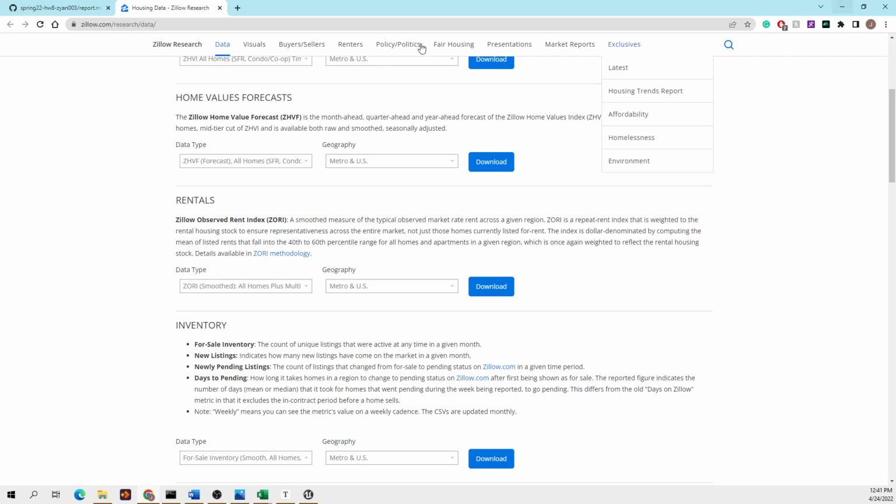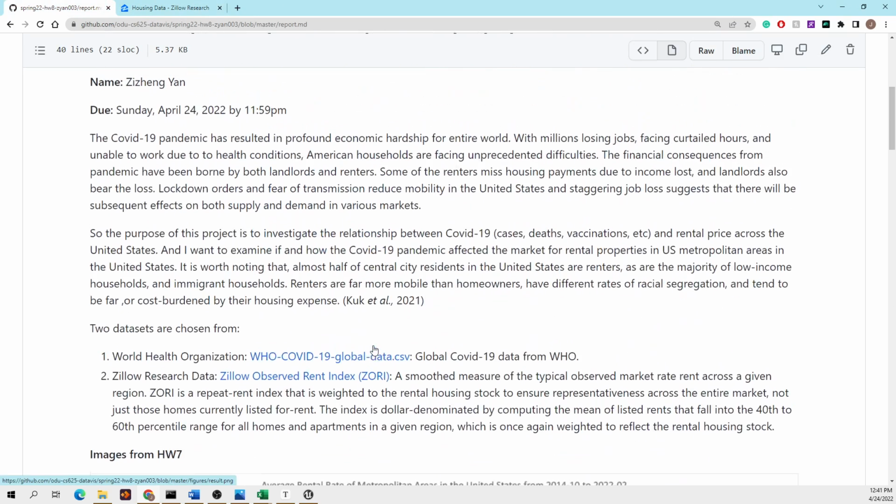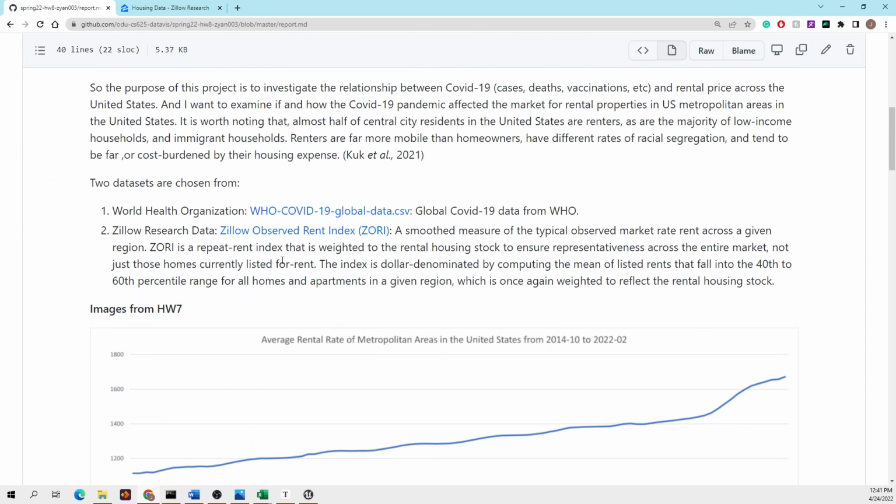Zillow provides data called the Zillow Observed Rental Index to indicate the rental rate of the market.